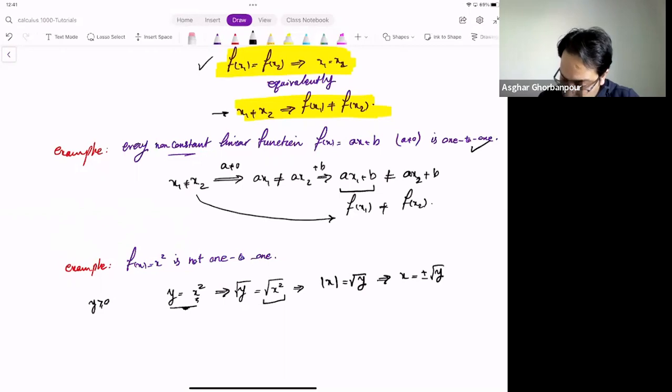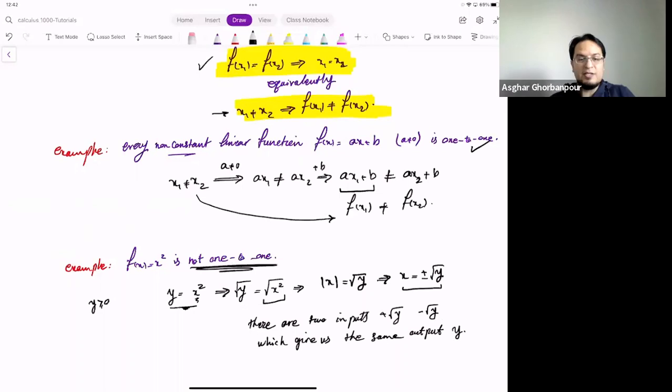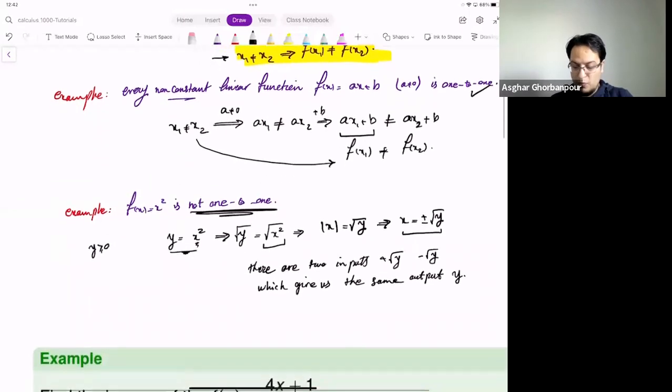So we solved it for x and we saw that there are two inputs, plus root y and minus root y, which give you the same output. So this means that x squared is not one-to-one.